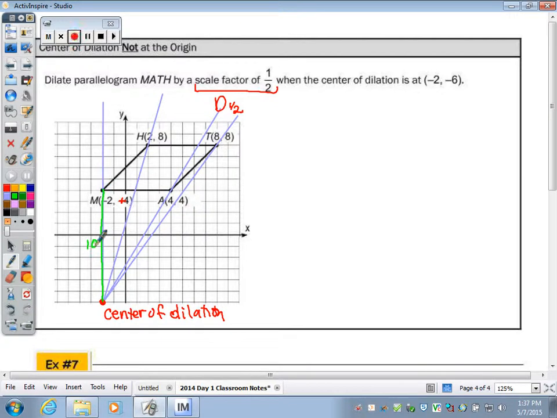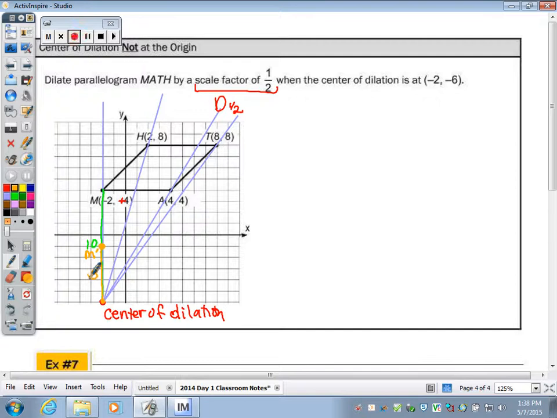The distance is 10. So if I take half of 10, I'm now going to go up how many from here? What's half of 10? 5. So here is M prime. So scale factor, again, is half the distance. Each point is half the distance from the center of dilation.